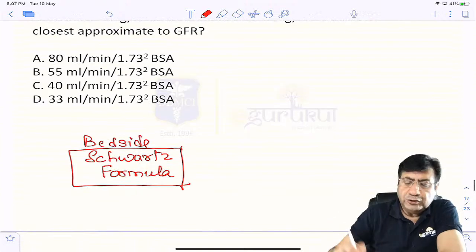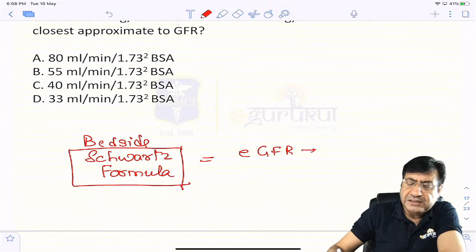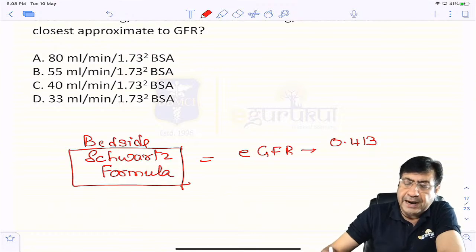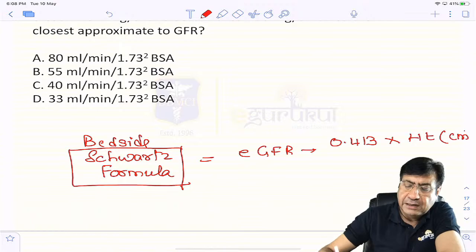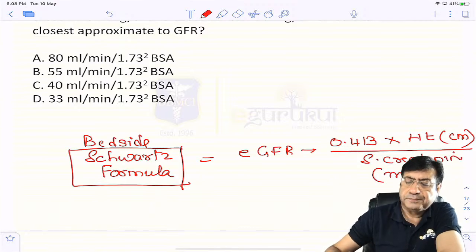Now this bedside Schwartz formula says that the estimated GFR can be given by a formula which is 0.413, a constant, multiplied by the height of the child in centimeters upon the serum creatinine in milligrams per deciliter.